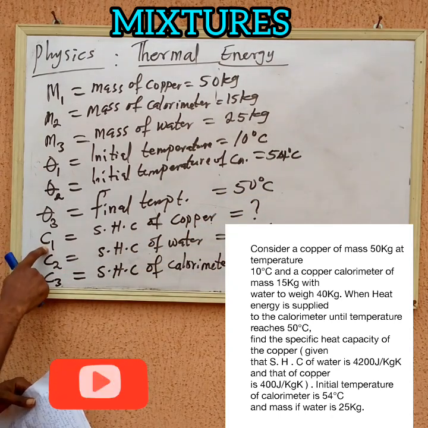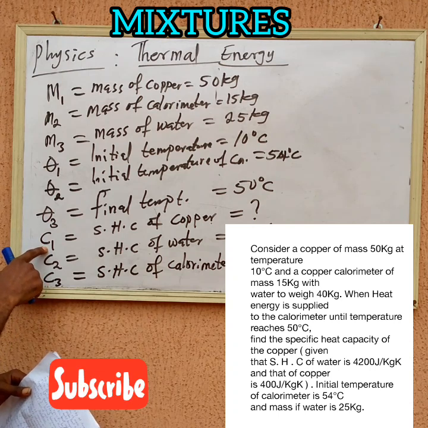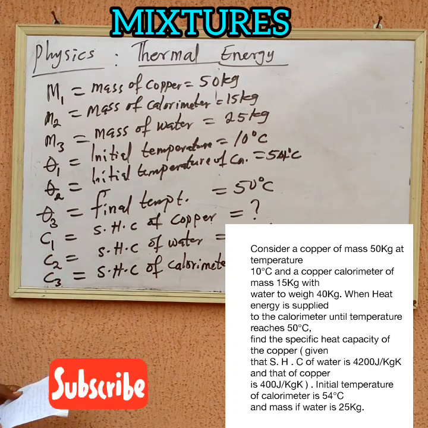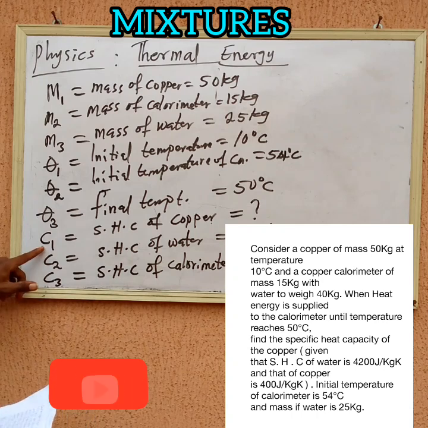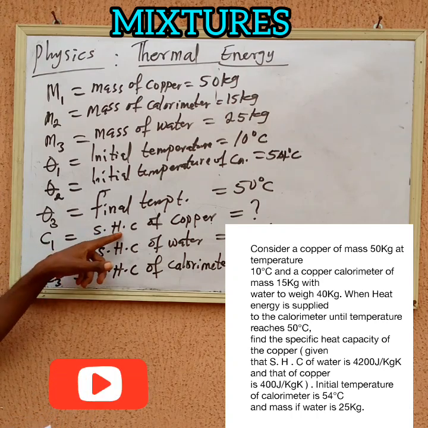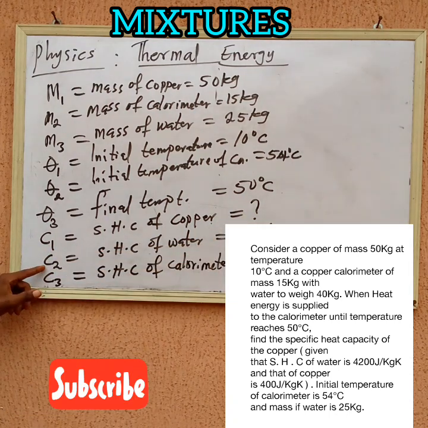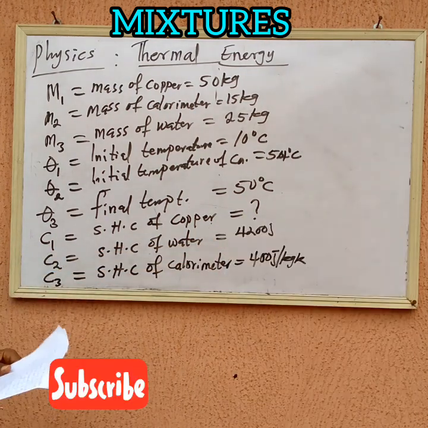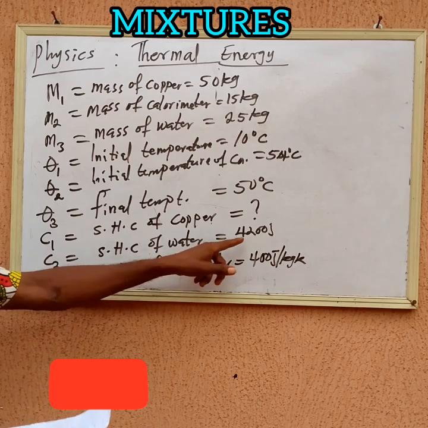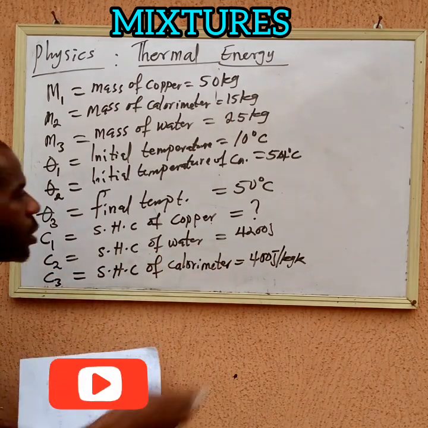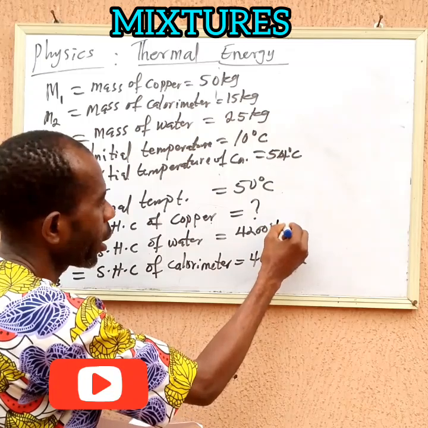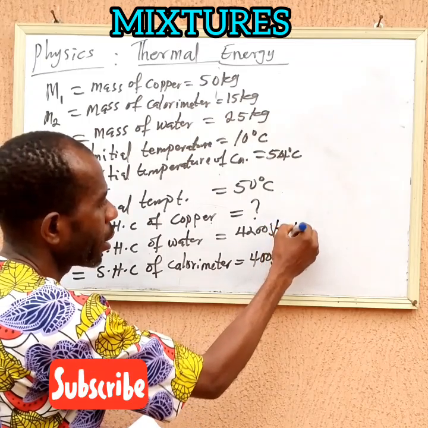Then the specific heat capacity of copper, which is what we are looking for. We let C1 be equal to the specific heat capacity of copper. We don't know it. Then C2, we are given that the specific heat capacity of water is 4,200 joules per kilogram per Kelvin.